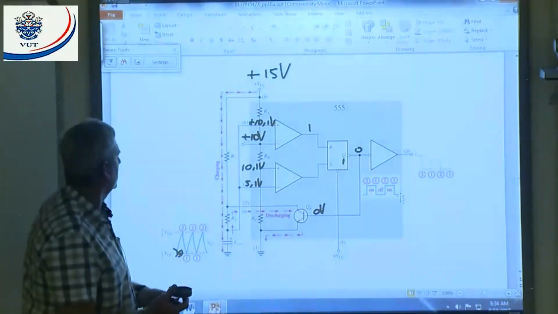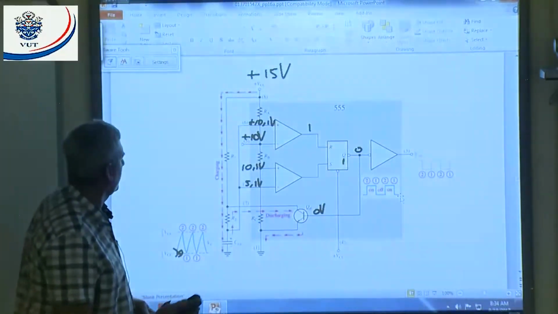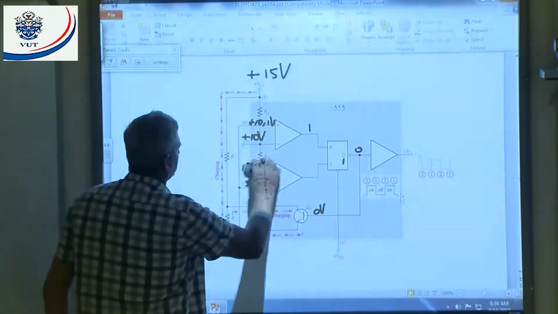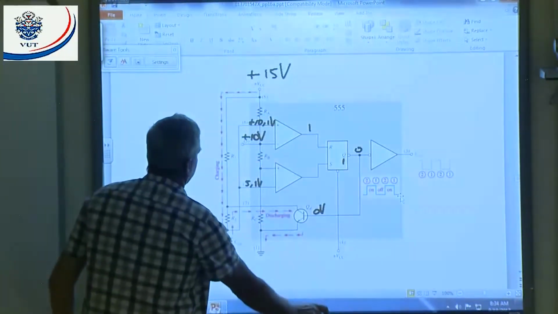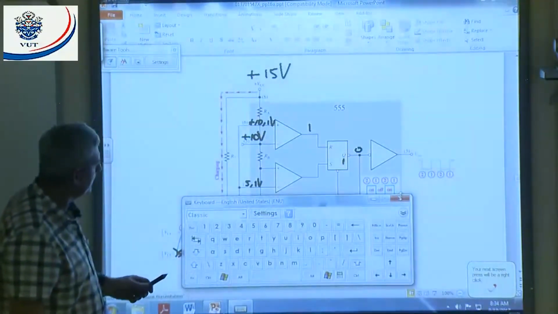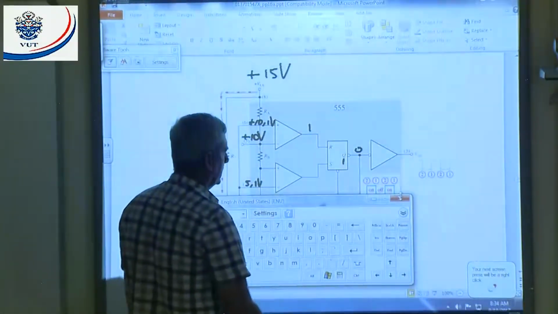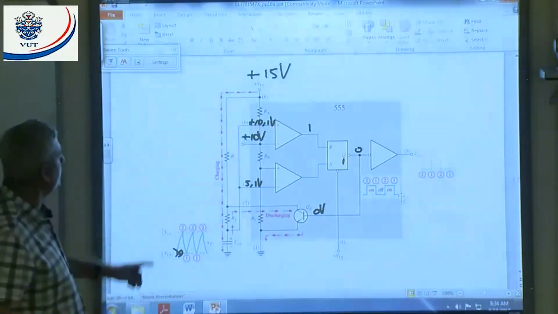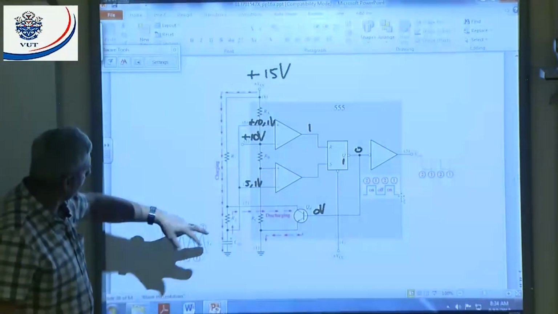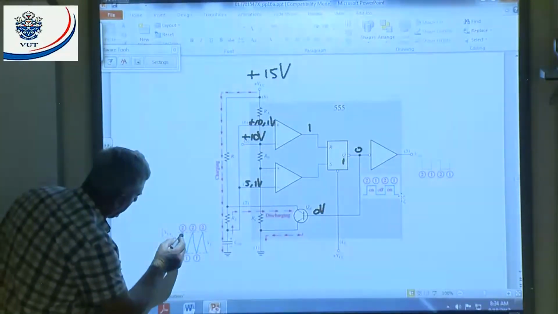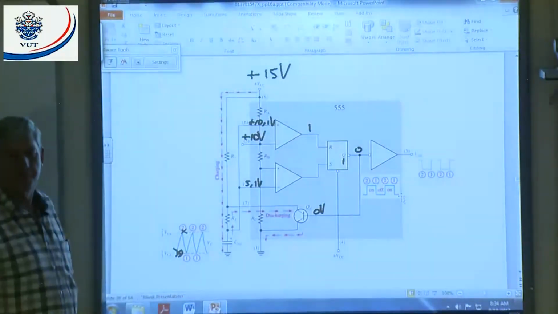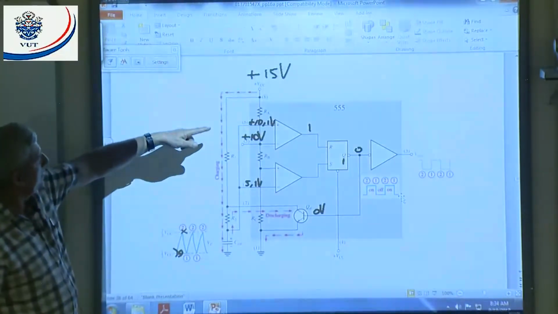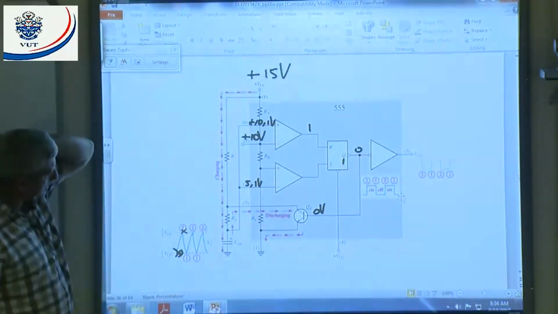That won't be 10. All right. Here we got now 10.1 volts because we had this position there. All right. You with me? 10.1 volt there. That will give me a high output.